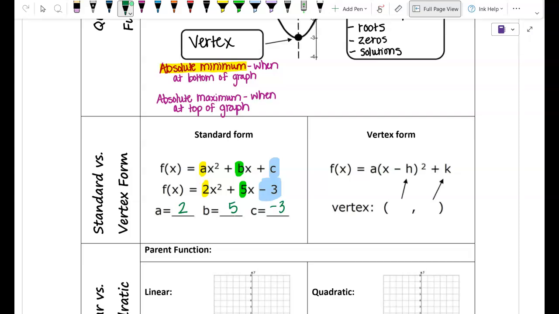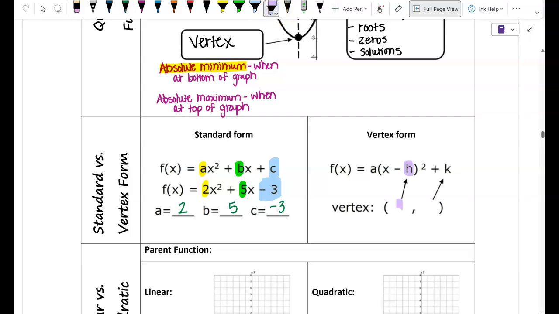And that actually is a good thing, because vertex form is the easier of the 2 forms. The vertex form of the quadratic function gives us all the information we need to talk about the function. It's called the vertex form because we can get the vertex directly from the equation. So the vertex form is f of x equals a times x minus h quantity squared plus k.